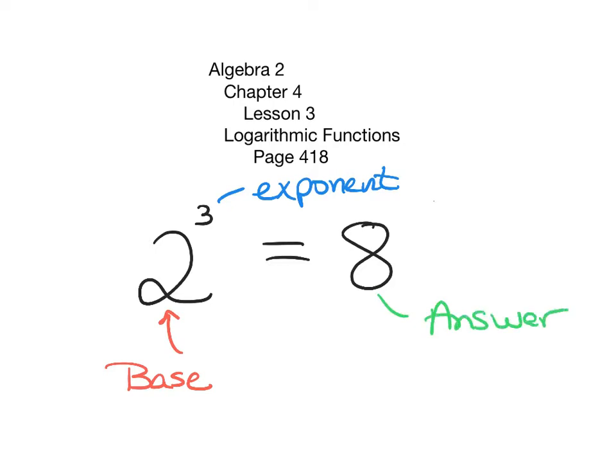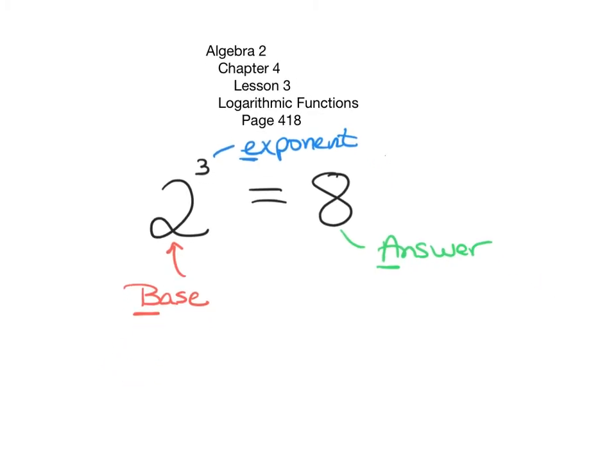Everybody good so far? So this is where I'm going to get the letters for the word BAE. I'm going to use the B from the base, the E from exponent, and the A for answer.